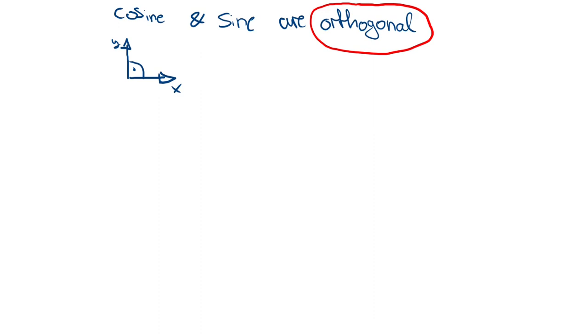In geometry, you know that two vectors with an angle of 90 degrees are orthogonal. Let's imagine we have two vectors, u and v. If they are orthogonal, their inner product is 0.